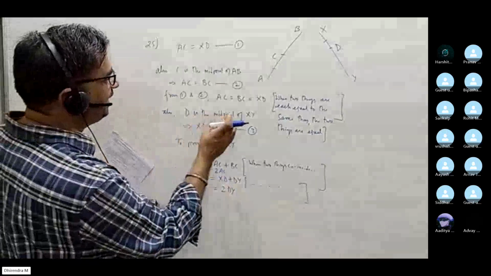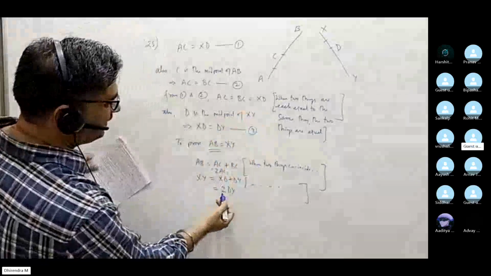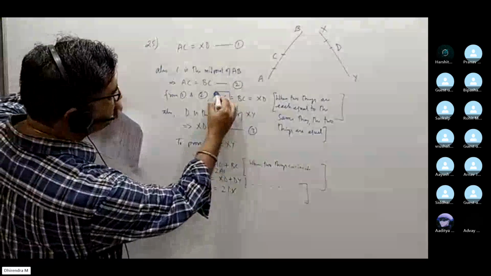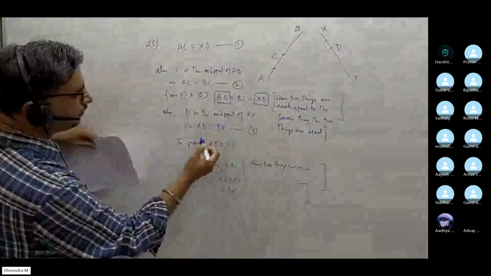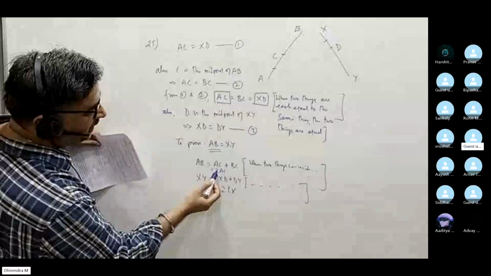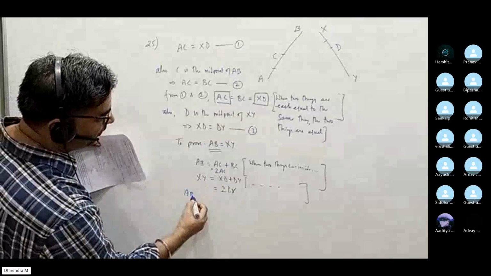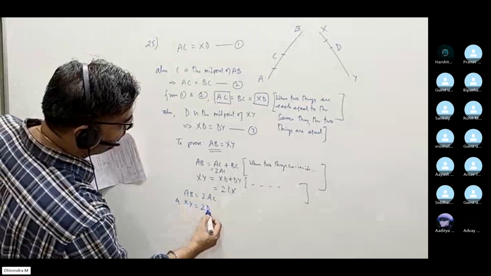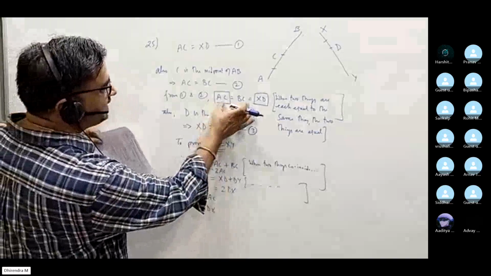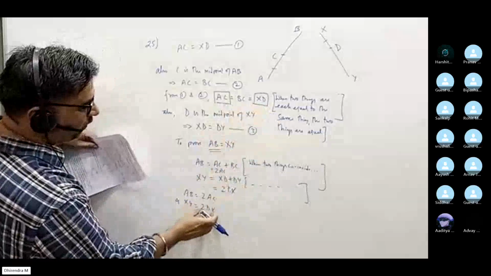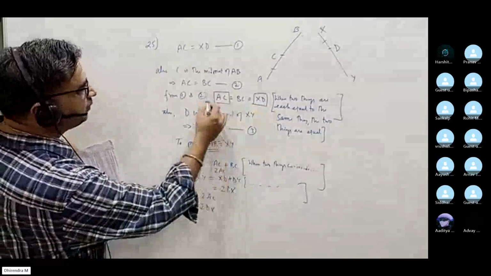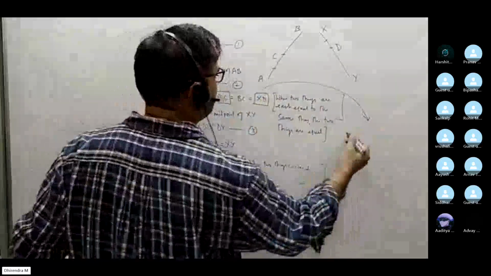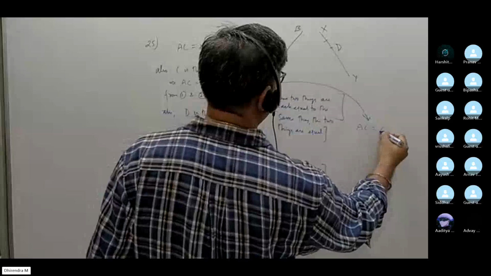Now AB is equal to 2AC and XY is equal to 2XD.